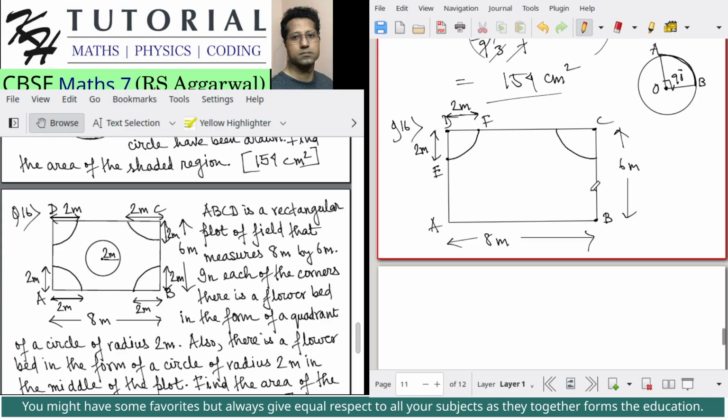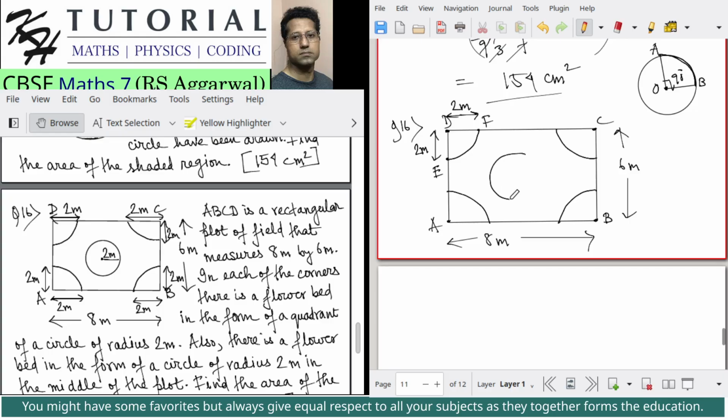At every corner of the rectangle. Now since there are 4 such sectors at the 4 corners of the rectangle, if you sum the areas of all the sectors, that is the quadrants of a circle at the 4 corners, their total area will be the area of a circle having a radius of 2 meter. And also there is a flower bed in the form of a circle of radius 2 meter in the middle of the plot.